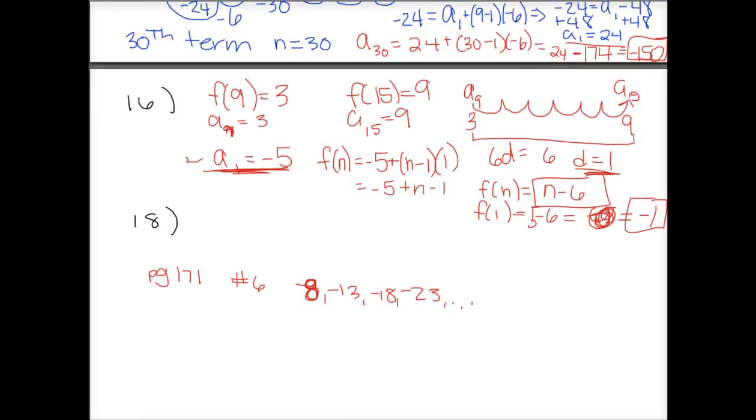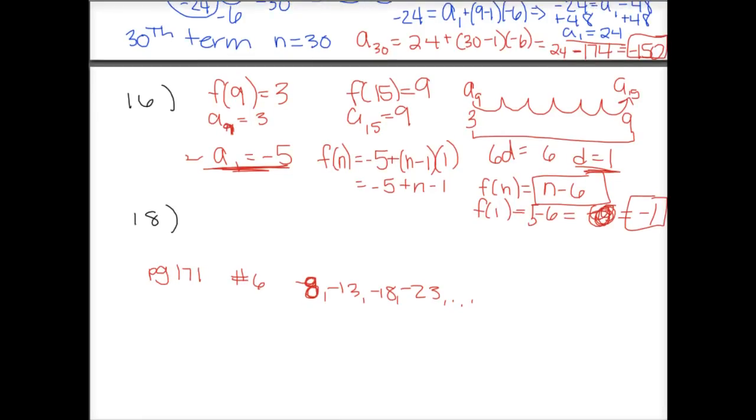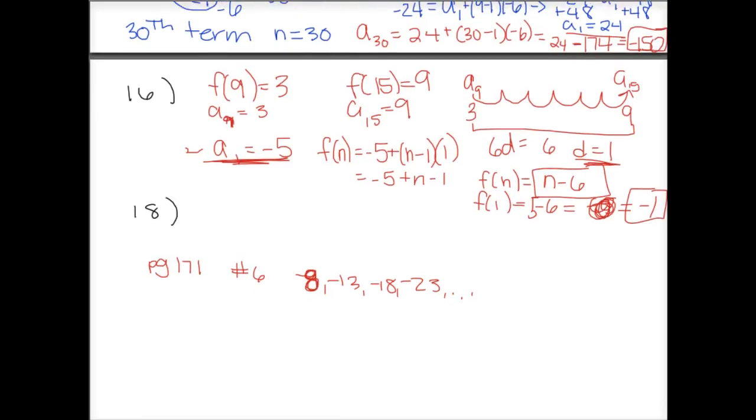All right, last one is number 18, and this one's pretty easy. It says an arithmetic sequence is described by the function f of n equals -3n plus 7, and it asks you to determine the first 5 terms. The only thing I wanted to point out with this one is that when you're starting a sequence, you're starting when n equals 1.